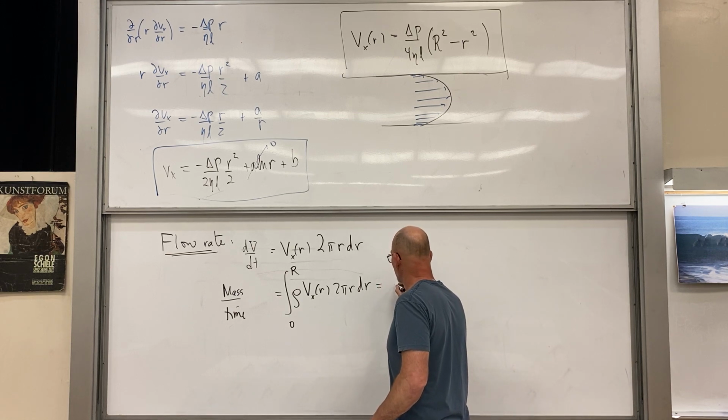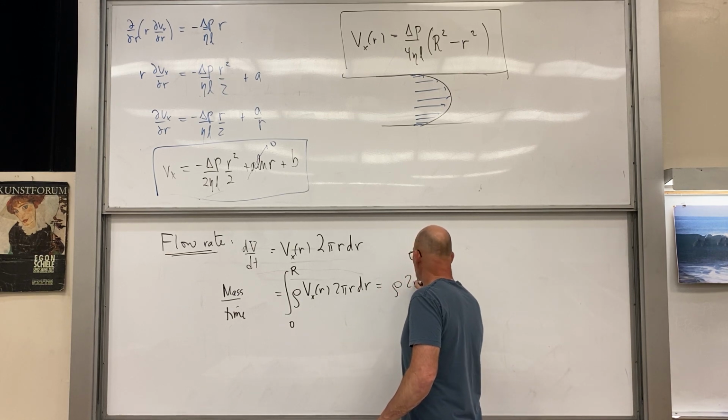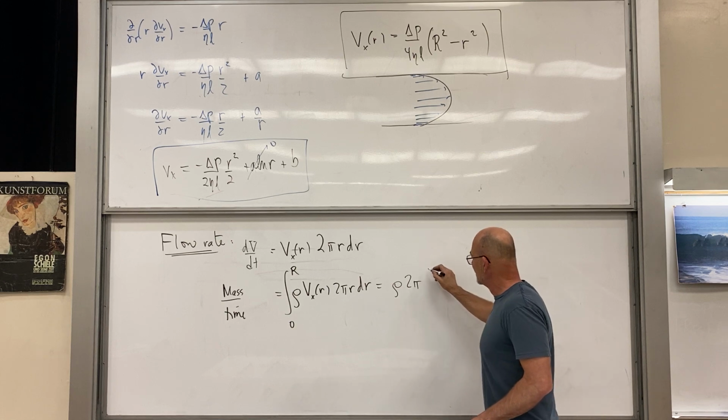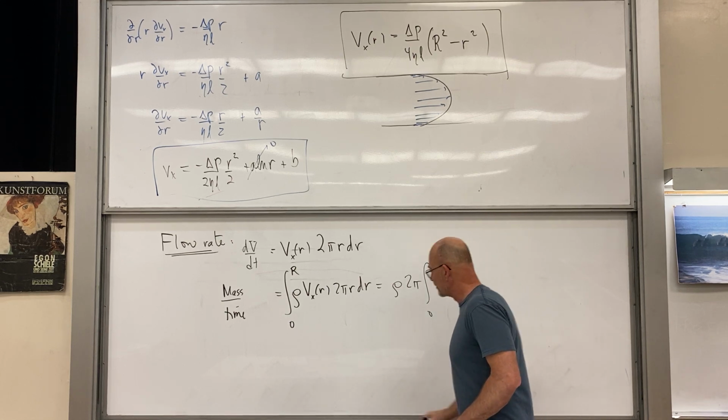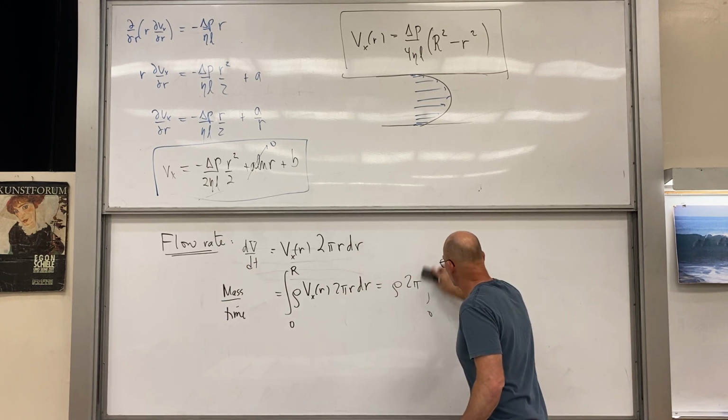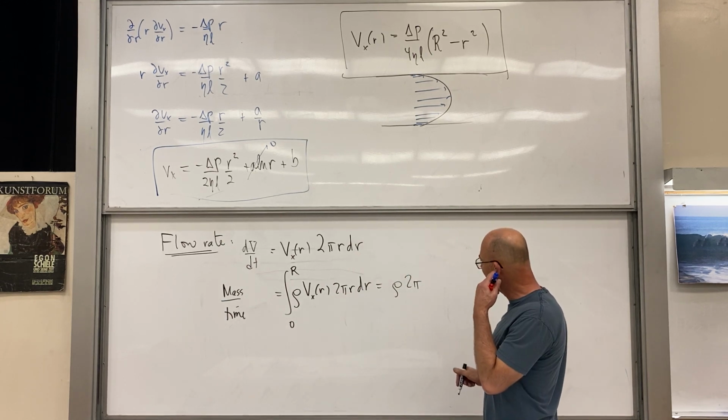What do we have? We've got rho, we've got 2 pi. We have 0 to R. In fact, I'll pull all those things out. We've got the rho and the 2 pi.